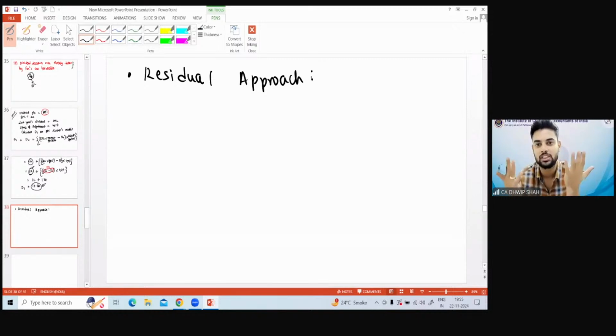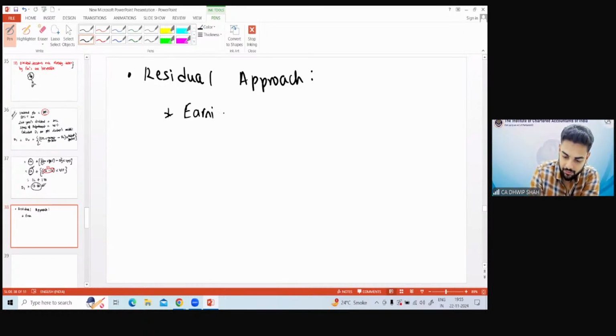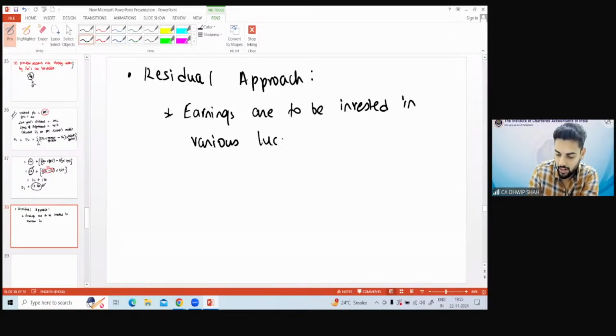Residual means bacha kucha, surplus. Bacha hua profit you distribute. Otherwise, if you don't have enough profit, then don't distribute. ठीक है? So as per the residual approach, earnings are to be invested in various lucrative opportunities available for expansion purpose.